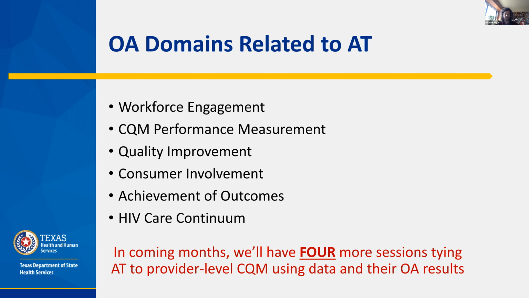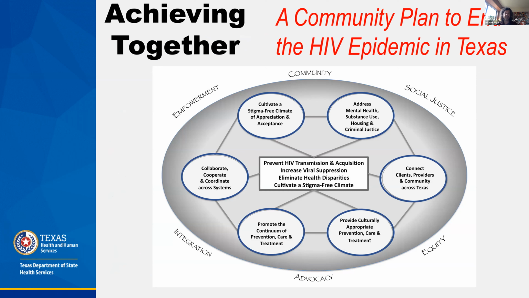So here is our Achieving Together framework that has a central goal of preventing HIV transmission and acquisition, increasing viral suppression, eliminating health disparities, and cultivating a stigma-free climate. There are a lot of different activities that surround this goal, and a lot of different elements that play into those activities. Those elements include community, empowerment, social justice, integration, and equity.